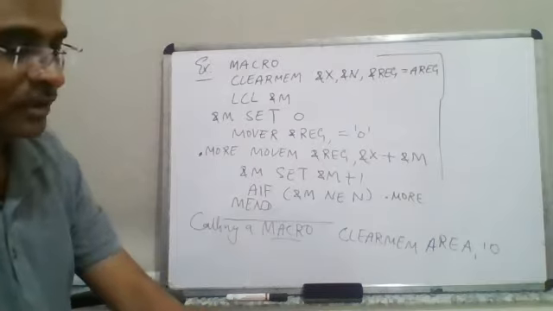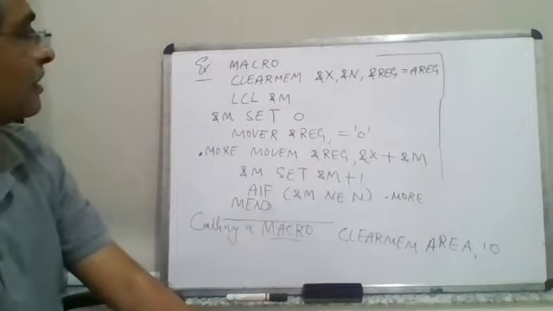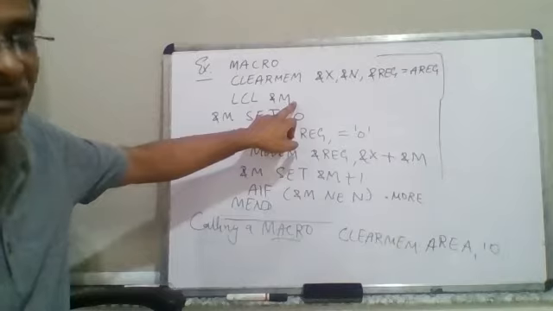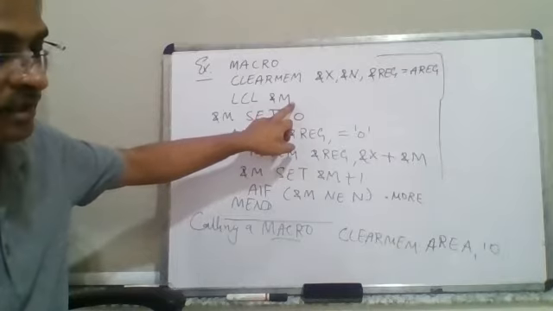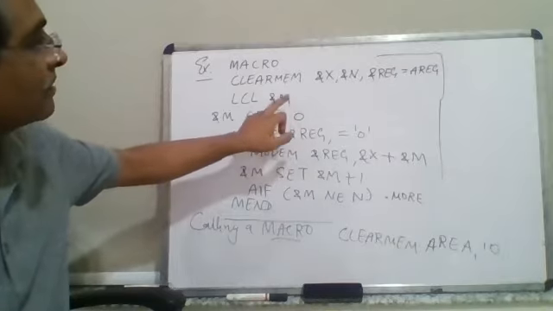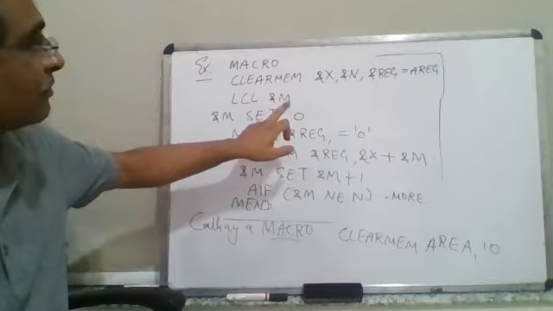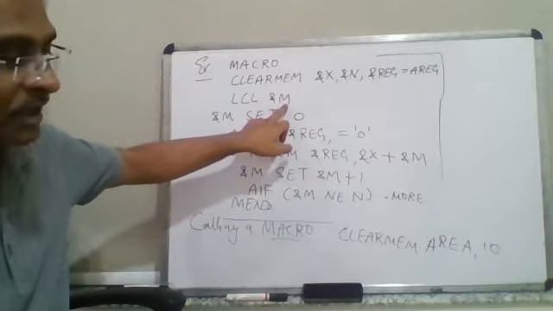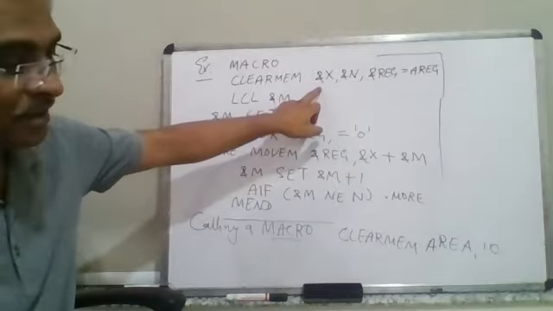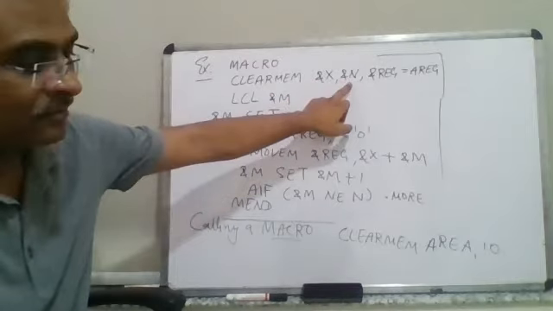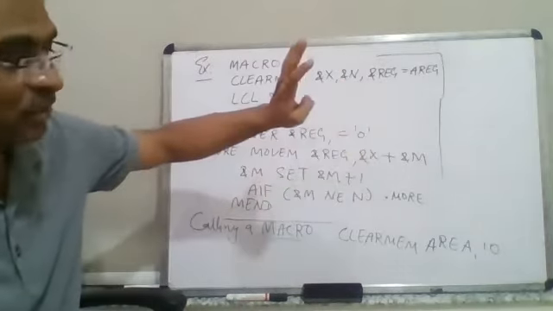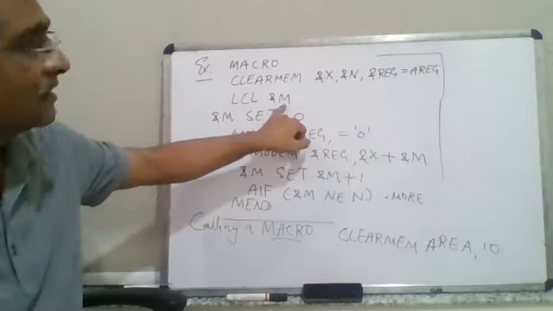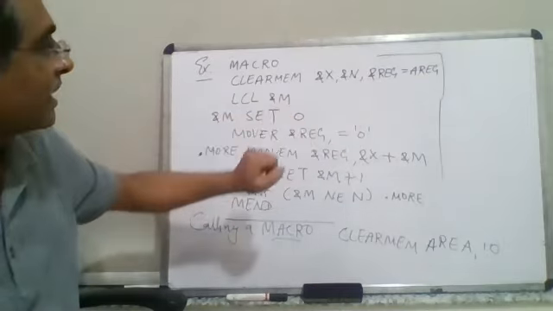Okay, then there is one table entry which will be made because of this m, which is nothing but an expansion variable. So EVN tab will be having this expansion variable m entered. The positional parameter table, PN tab, will be having x, n, and reg, so these 3 entries, whereas EVN tab will be having this m.